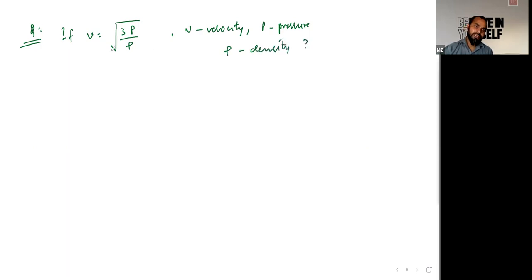Just check whether this equation is dimensionally correct or not. Anyone who is not aware of the dimensions of these 3 terms, please ask me. We have already done this whole part.